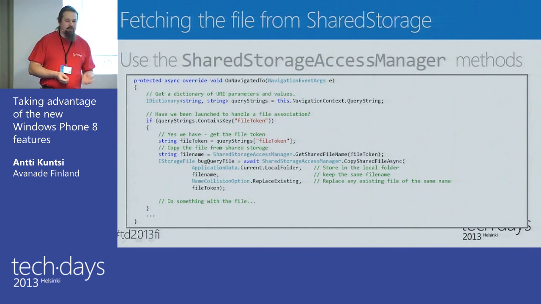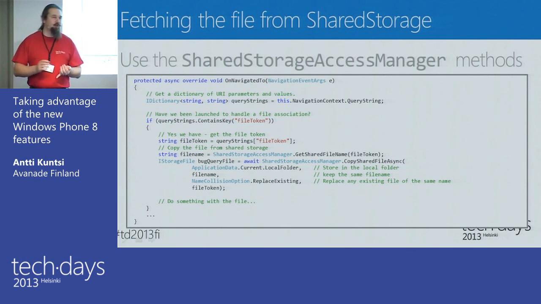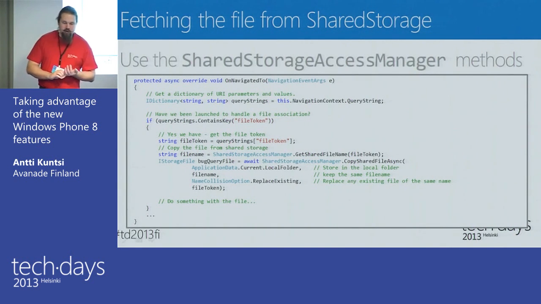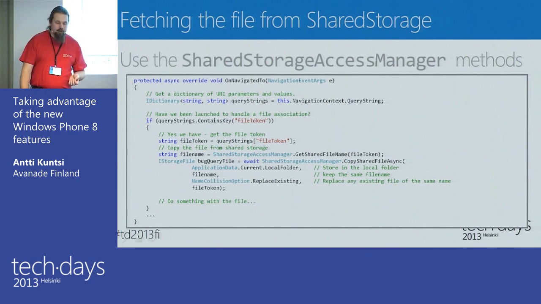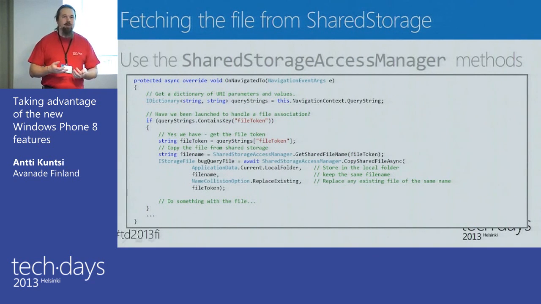Does it contain the file token, which we attached in the URI mapper? We retrieve the file token, and then we use the shared storage access manager again to copy that file into local storage. In this case, we are replacing, for instance, any existing files just in case. That's one of the ways you can deal with errors: replacing the existing ones.